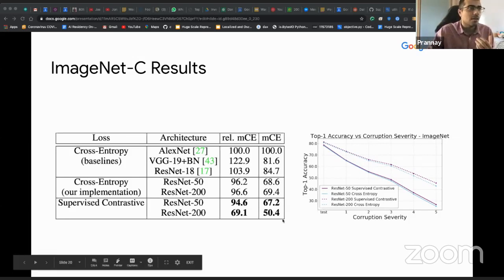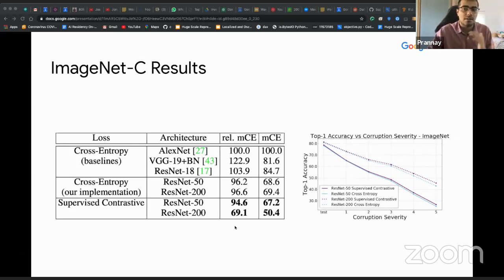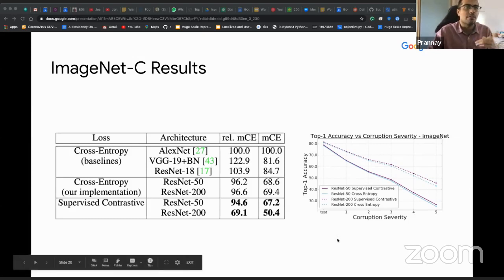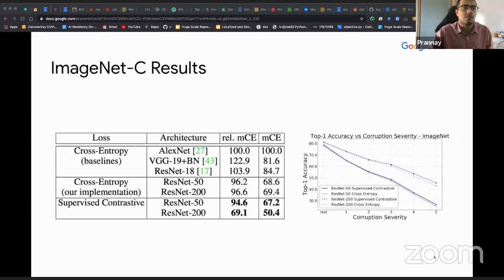The most important metric, in my opinion, is relative mCE, which measures the relative drop in performance with higher corruptions and severity levels. And we have state-of-the-art results for ResNet 200 and ResNet 50. You can also see this curve, which clearly shows that we are better than cross entropy. So the purple curve is ours in both of these cases. The dotted is ResNet 200, of course.